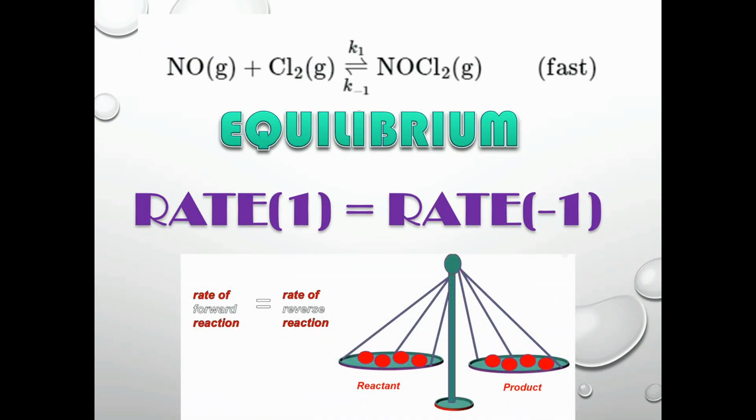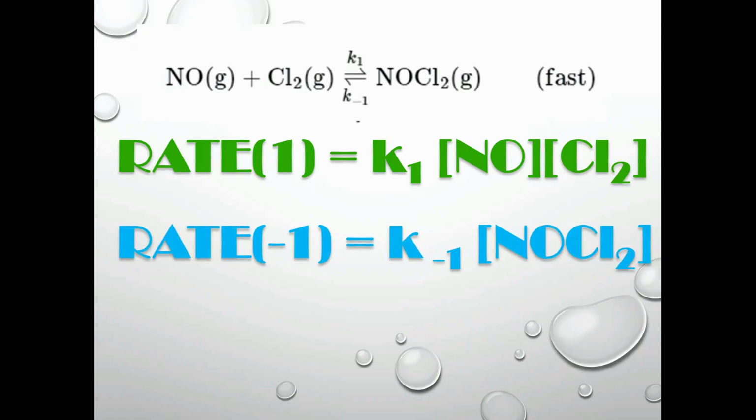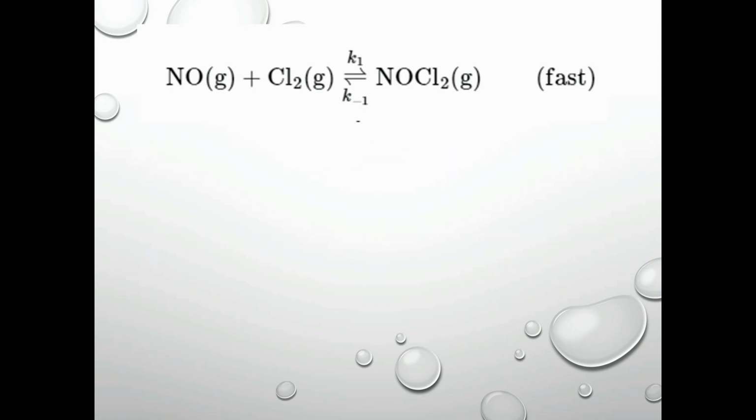So rate 1 is equal to rate minus 1. So I'm going to set up 2 rate laws for this fast reaction, a forward one and a reverse one. My forward one is k1[NO][Cl2]. My reverse one is k-1[NOCl2]. But the definition of equilibrium is that rate 1 equals rate minus 1. So these 2 things are equal.